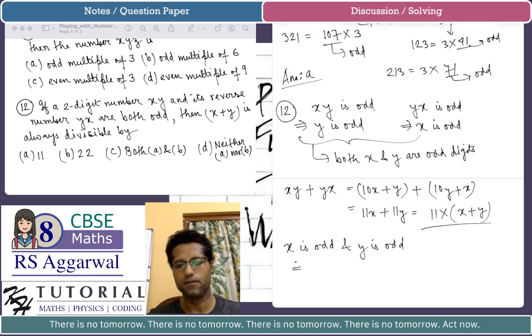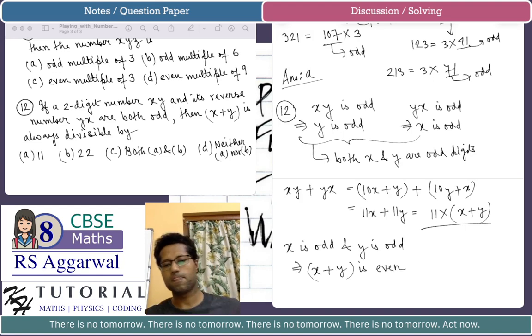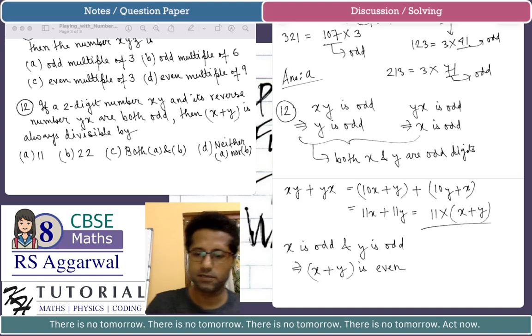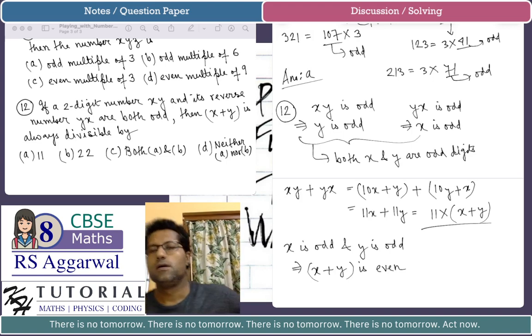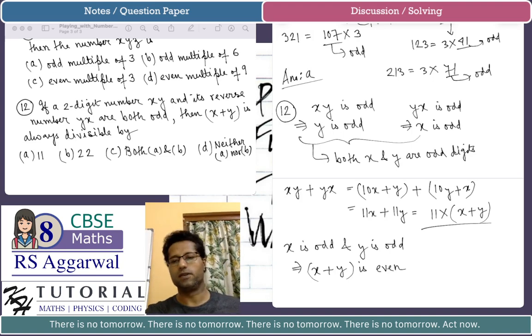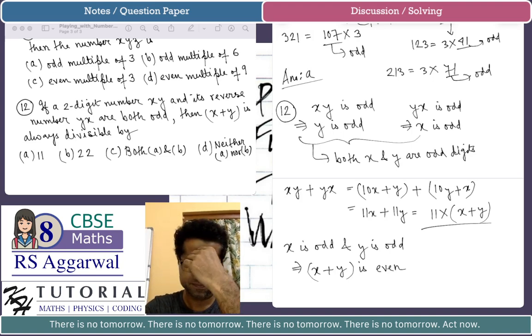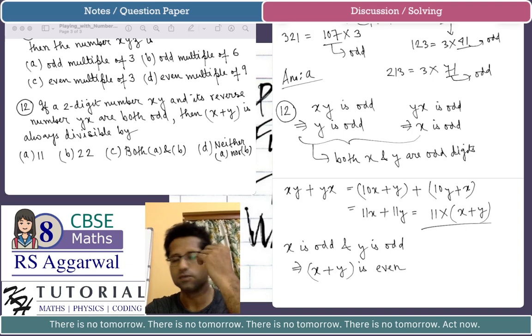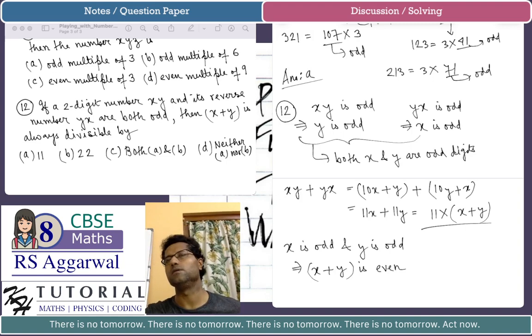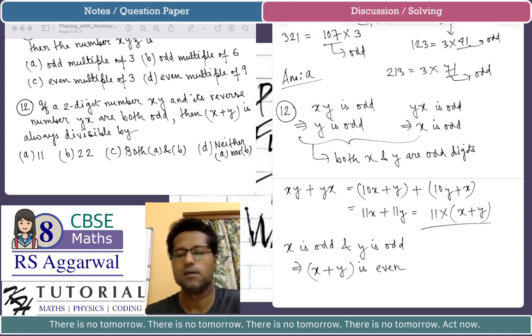This will imply definitely that x plus y, odd plus odd is even. Whatever the value of x plus y, since x and y are both odd digits, the sum of two odd digits is always even. No, wait a second. Yes, the sum of any two odd digits is always even. So x plus y is even.